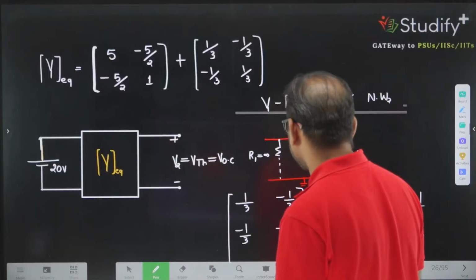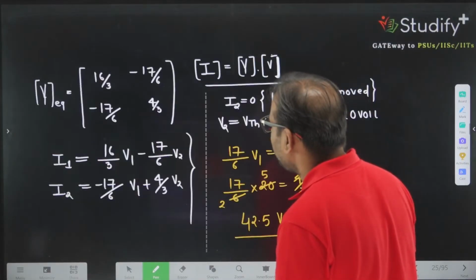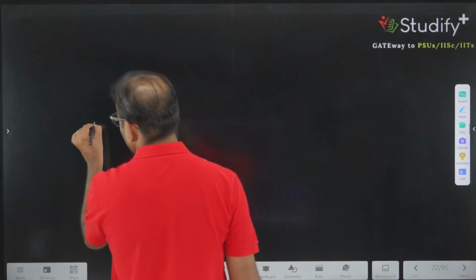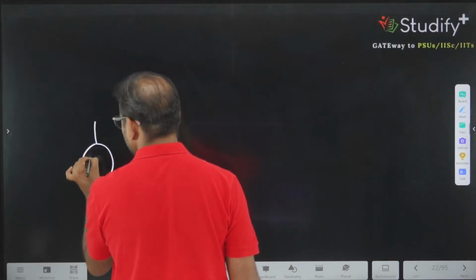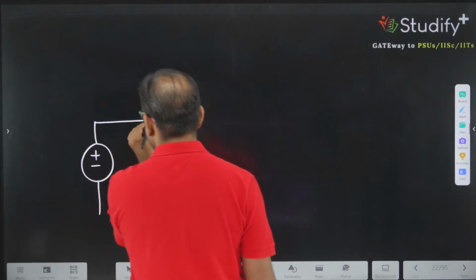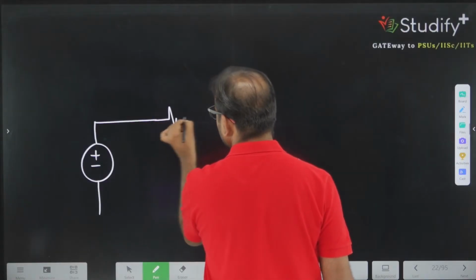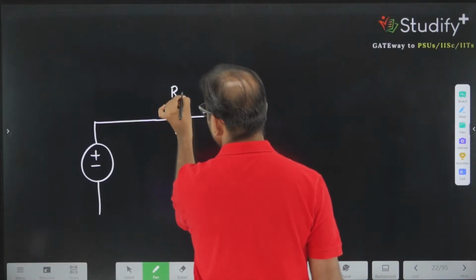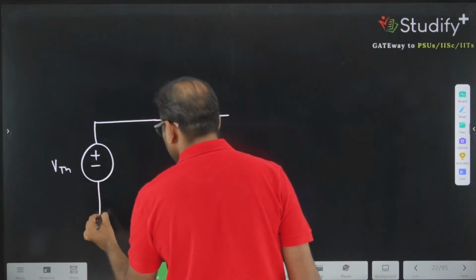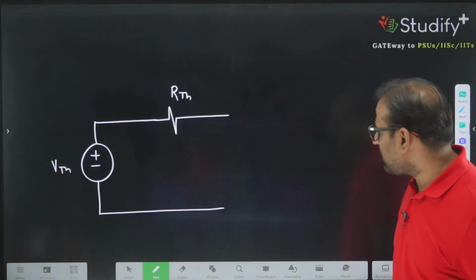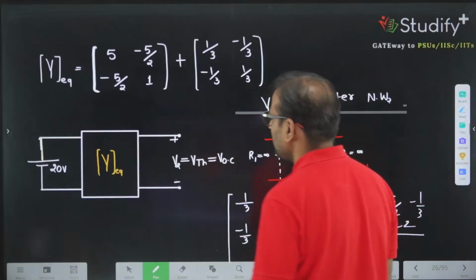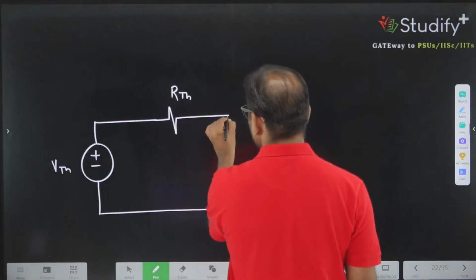Now we know the complete Thevenin's equivalent. If I draw the Thevenin's equivalent for the network, it will look like this. First is VTH, and this is RTH, and a load. The value of load is already given: 6 ohm.